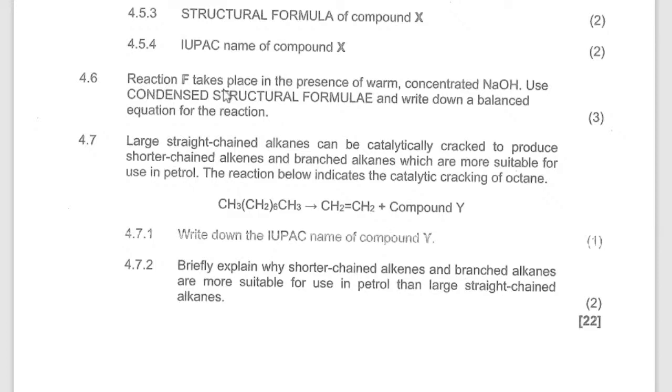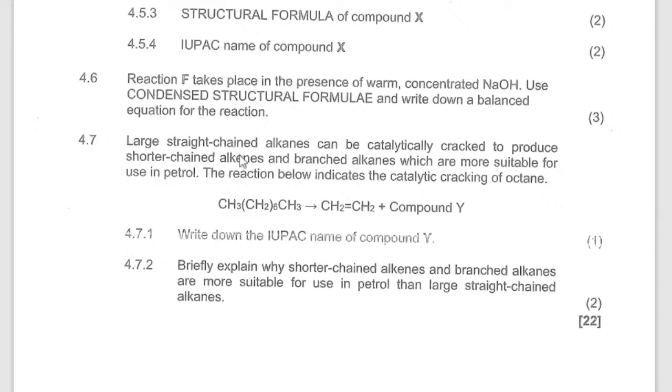I think reaction F takes place in the presence of warm water and then concentrated sodium hydroxide. Use the condensed structure formula to write down the balanced equation for the reaction. So in this case, what are they looking at?